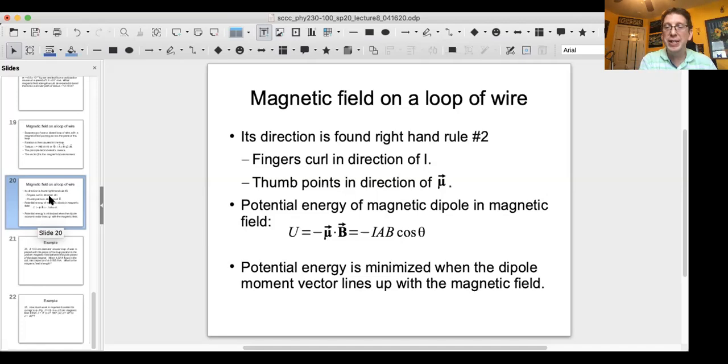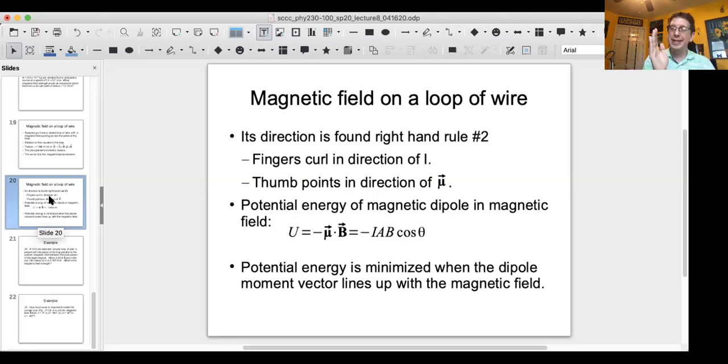But the potential energy is minimized when the dipole moment vector lines up with the magnetic field. So this is what happens, going back to what we talked about at the beginning of the lecture in part 1 of this, or the first video for this, that when, for example, in iron, if you have a lot of moving or circling charges, or circling electrons to be specific, what'll happen if you expose them to a magnetic field, there will be a torque exerted on that loop of wire, on that rotating electron.